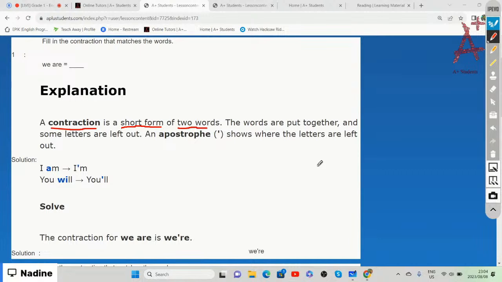So a contraction is a short form of two words, and these words are put together. Once you put some of these words together, some letters are left out. We then use an apostrophe to show where the letters are left out.